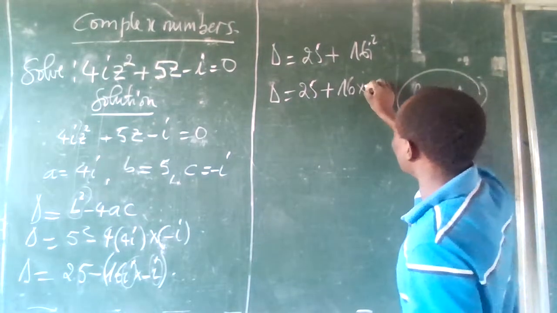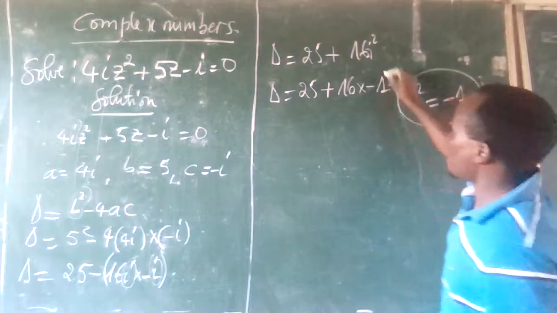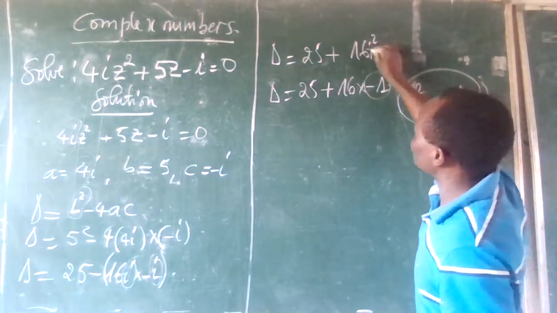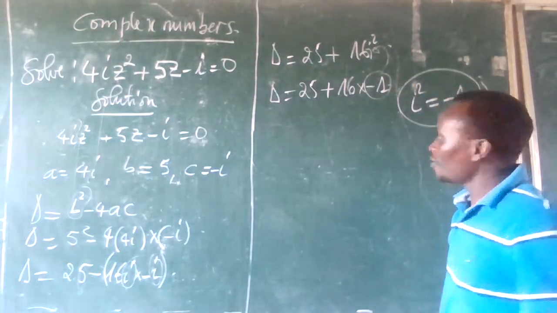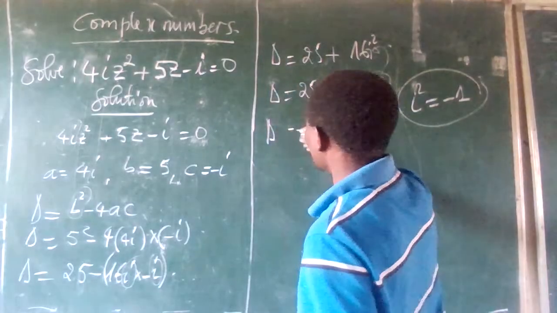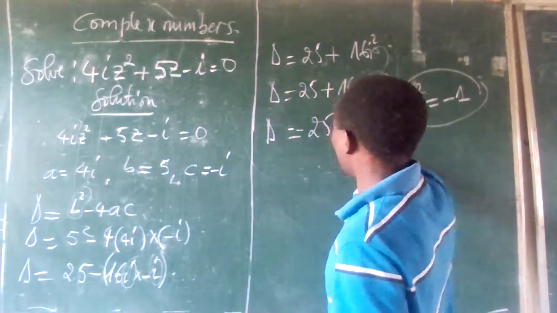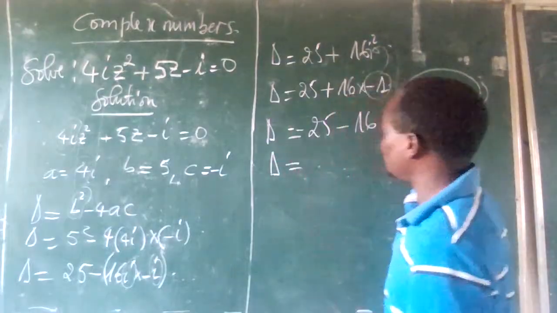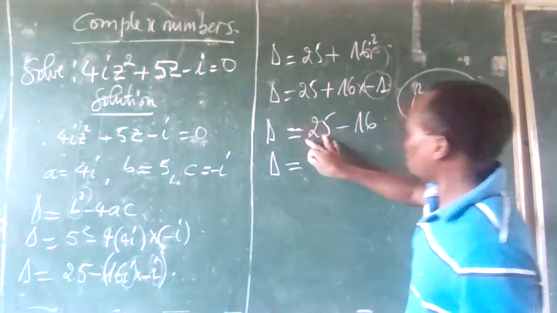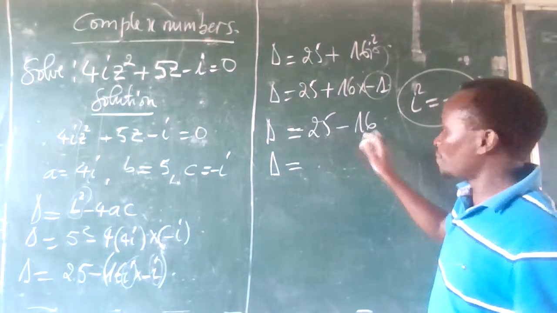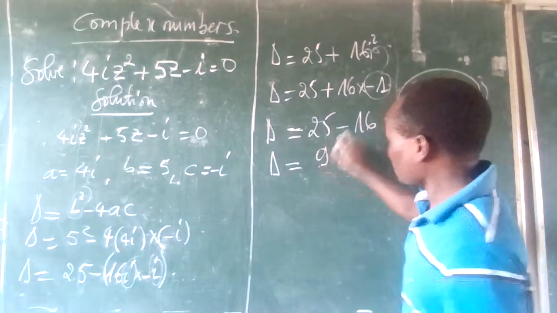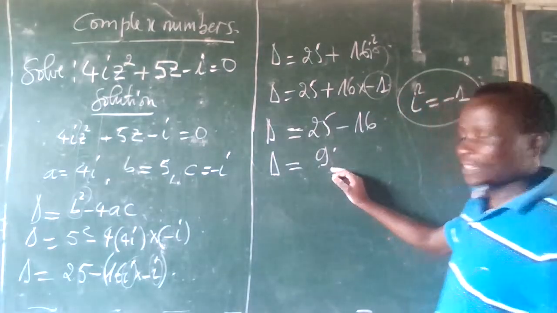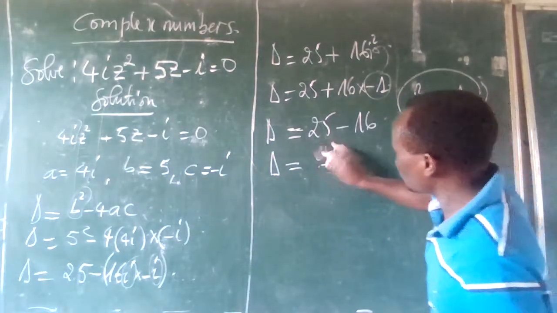Now it is times minus 1 as a value of this i square. Now the delta will be 25 minus 16. Then we subtract those two numbers, it is 9. You see? Delta is equal to 9.